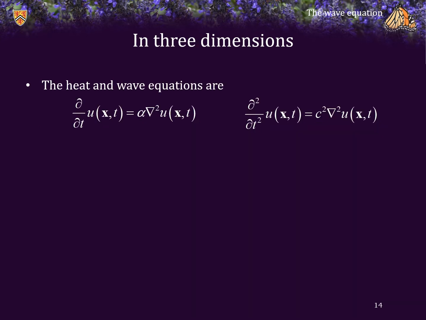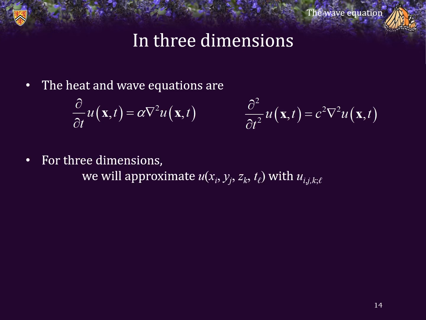Now, once again, these are the heat and wave equations. And in 3 dimensions, we will now have 3 values, x sub i, y sub j, and z sub k, at time t sub l, and we will approximate the value at this place in space and time with an unknown u sub i, j, k, l.